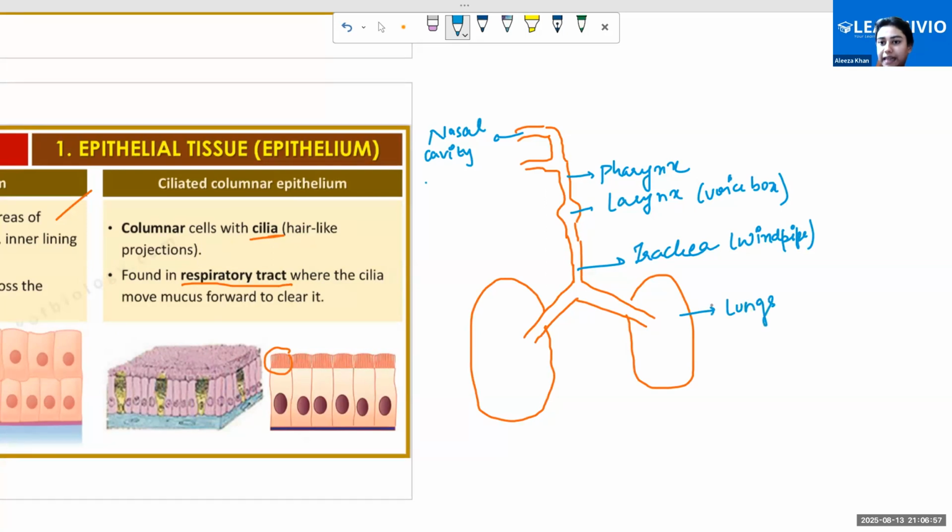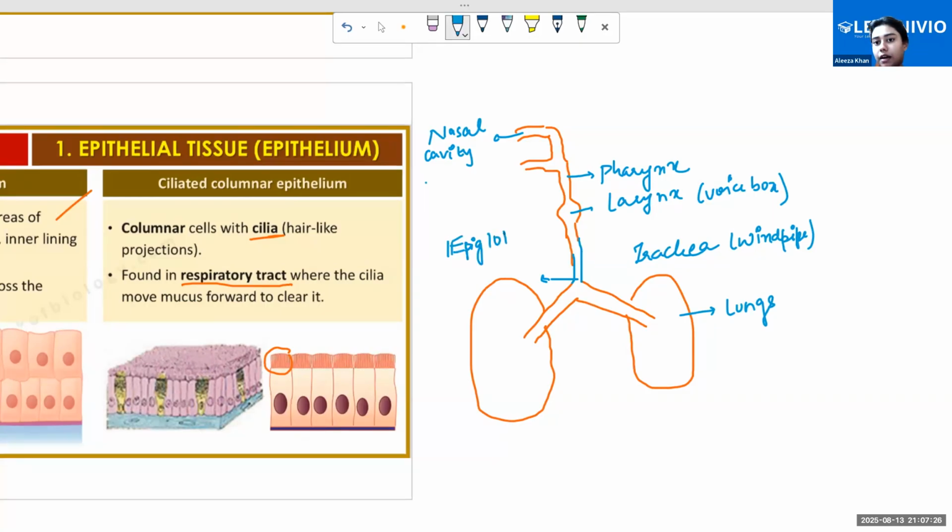See, the trachea has a covering which is known as the, what? Have you heard about the epiglottis? No. Okay, there is a structure known as the epiglottis.